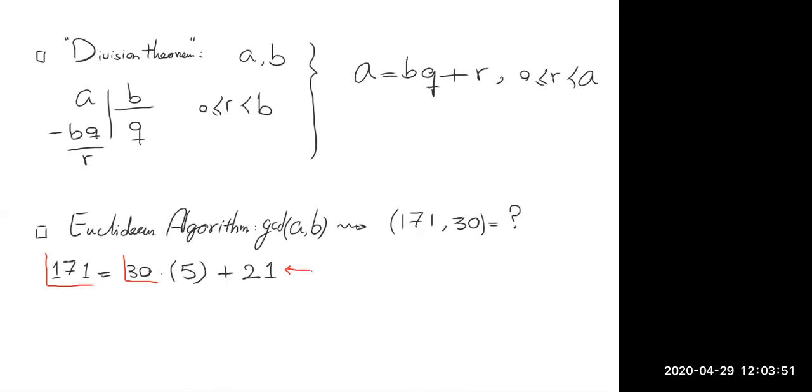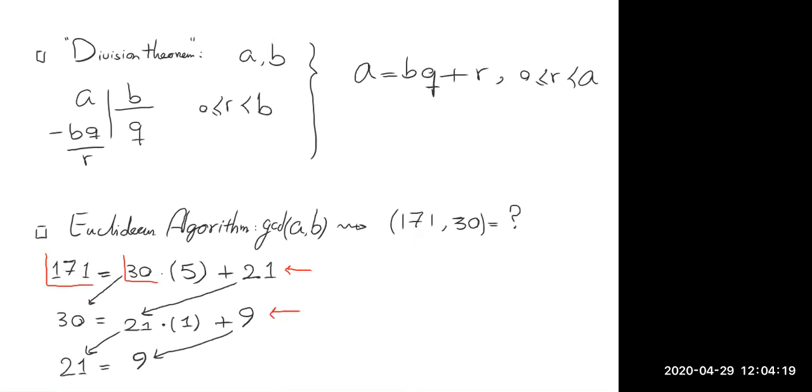So the next step of the Euclidean algorithm is to divide 30 by 21. Well, 21 times 1 plus 9 is going to be 30. So the next remainder is 9. The next stage is to divide 21 by 9. So 9 times 2 is 18 plus 3 is 21.